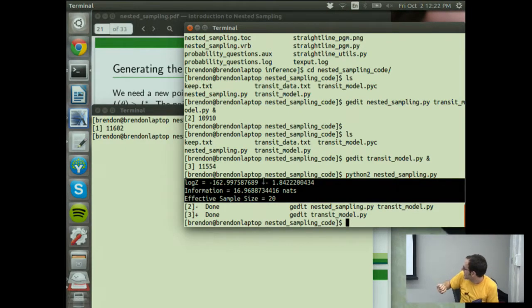What 17 nats means is that basically we have ruled out 1 minus e to the power of -17 of the possible values for the parameters that we had in the prior by going to the posterior. So for example, if you had a data set and a model for which the information was 1 nat, that would mean that your posterior basically occupied 1 over e of the prior volume.